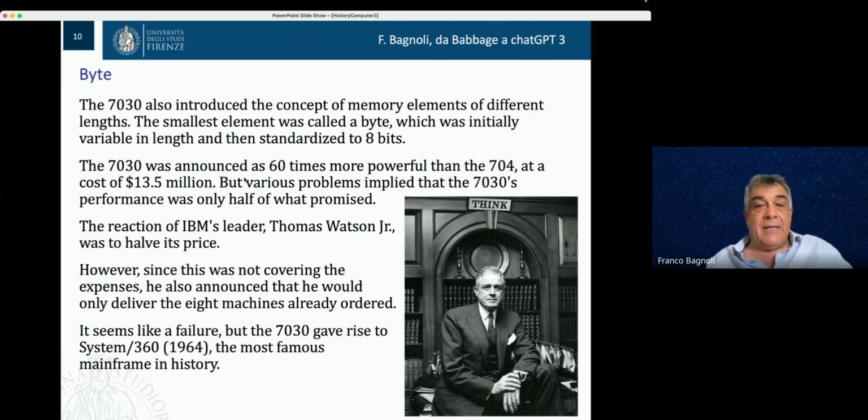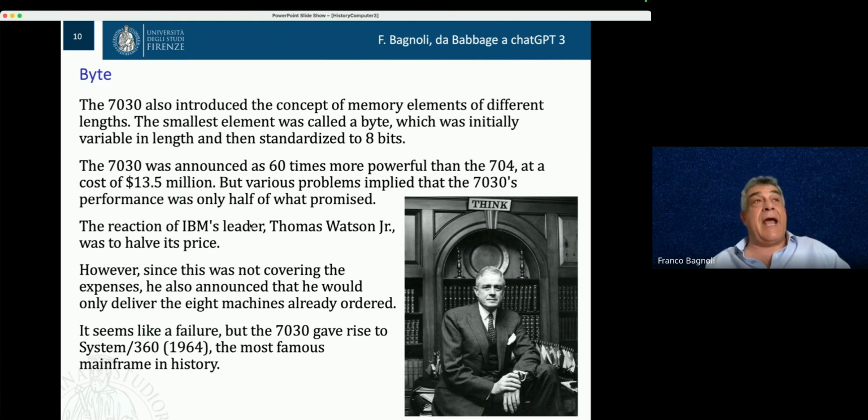For instance, at a certain time, he announced something, I don't know, this 70-30, that should be 60 times more powerful than the previous one, at the cost of, say, 30 million, but several problems implied that the performance was only half.